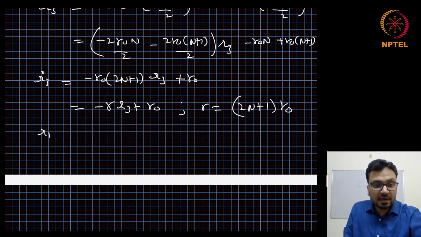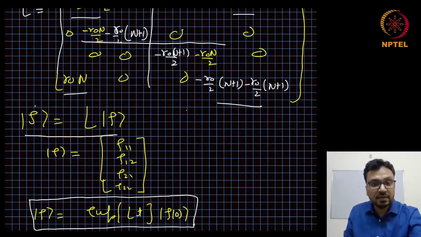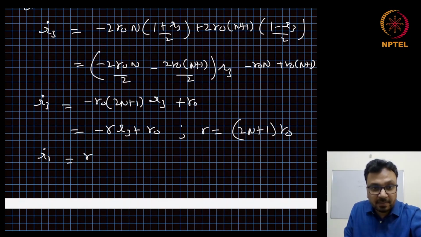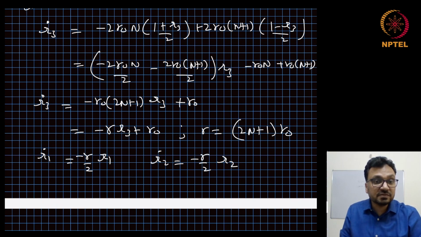And from the same equation, we can see R1 dot will be minus gamma over 2 R1, and R2 dot will be minus gamma over 2 R2. So using the Lindblad master equation, we have arrived at the equation of the expectation values of the sigma operators, or the Bloch vector.